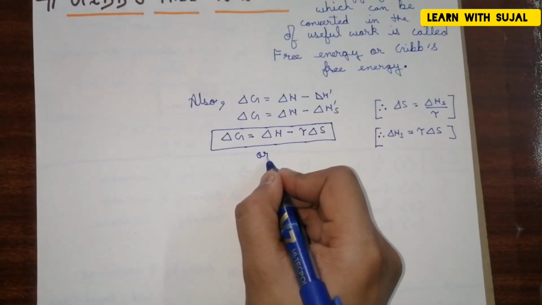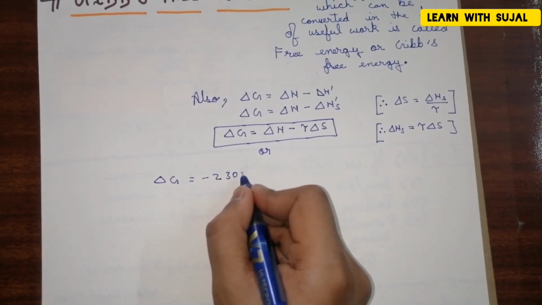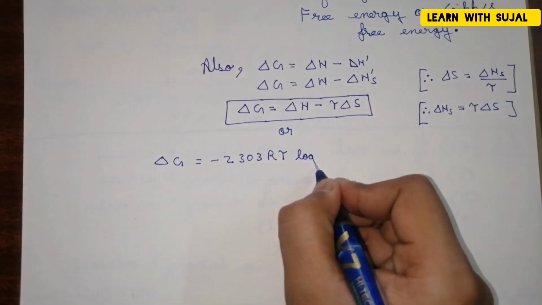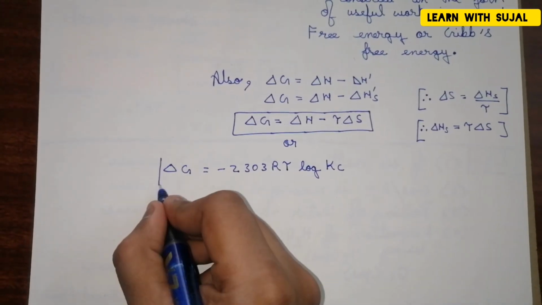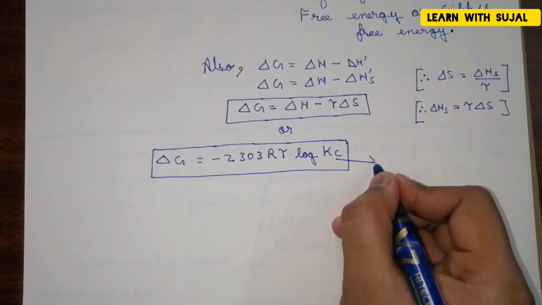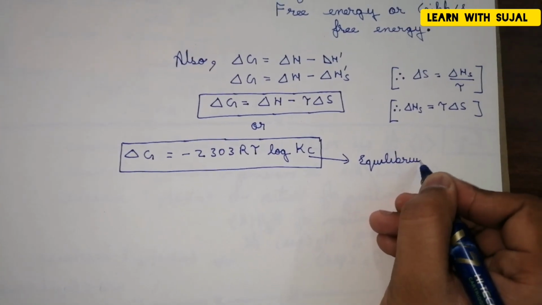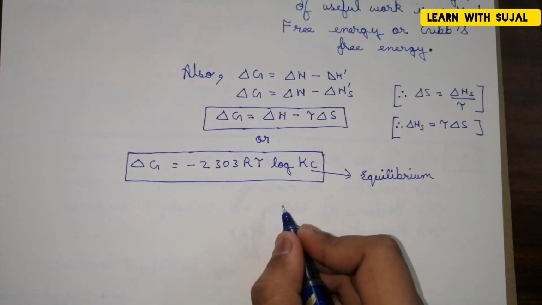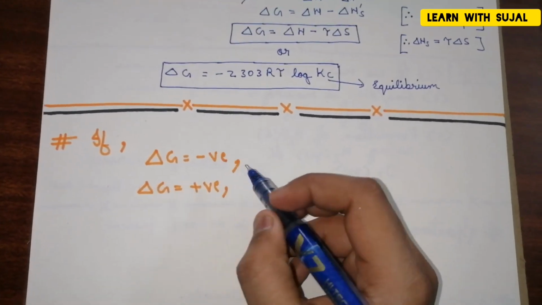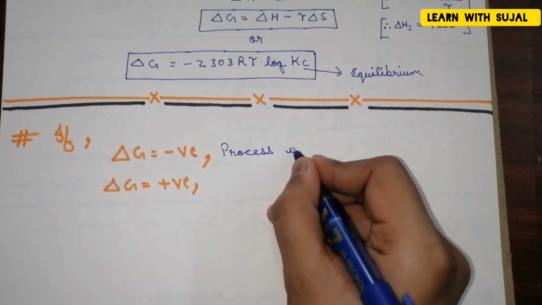And here is another Gibbs energy formula, which is delta G is equal to minus 2.303 RT log Kc. Kc is for the equilibrium. Now, if delta G, which is the Gibbs energy, has a negative answer, then the process will be spontaneous.